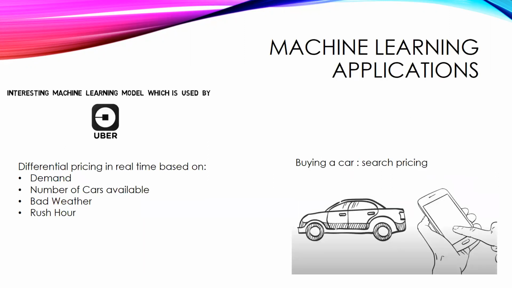Okay. Another example is Uber. When you're going to Uber, it predicts the price based on the demand, the number of cars available in that area, your zip code or PIN code, and based on bad weather, the rush hour.